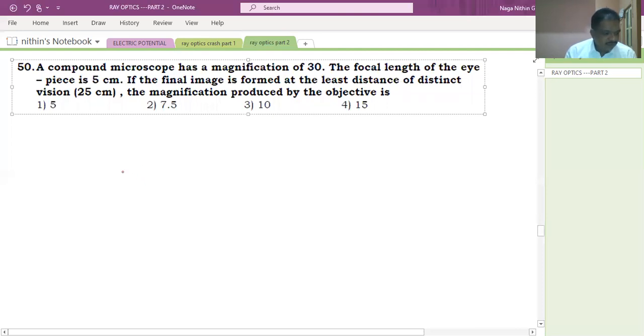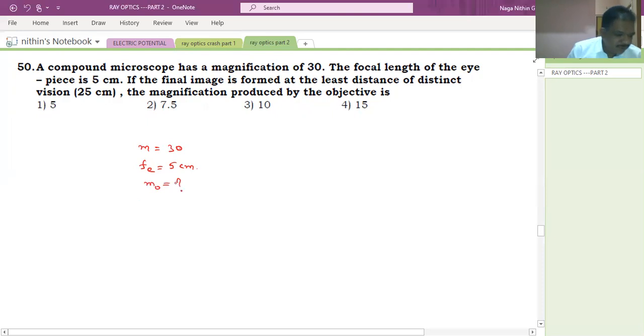So here, the compound microscope net magnification is how much? 30. Focal length of the eyepiece will be 5 centimeter.